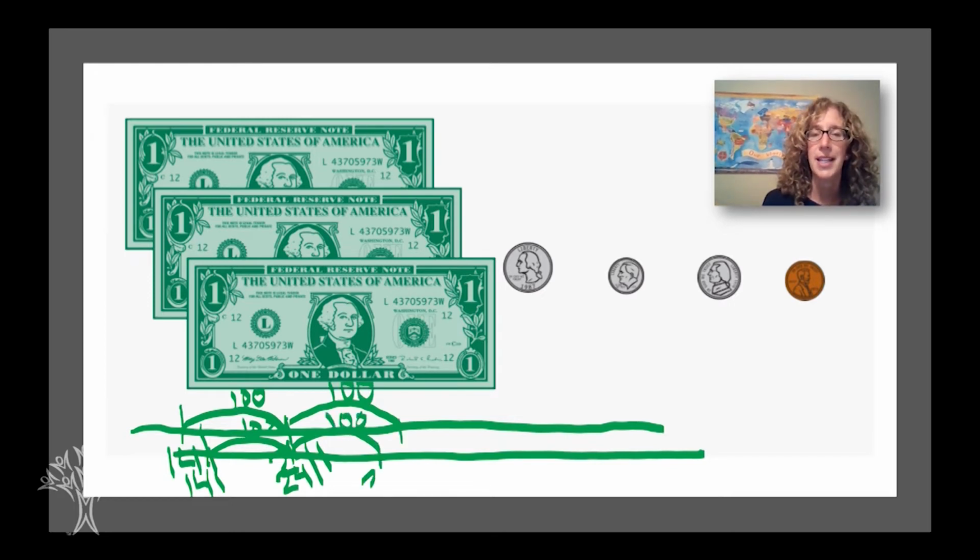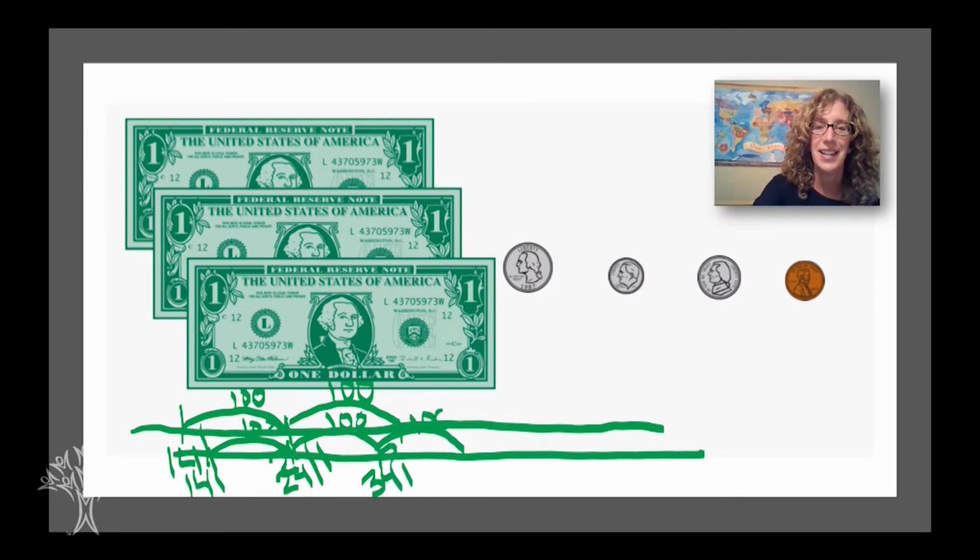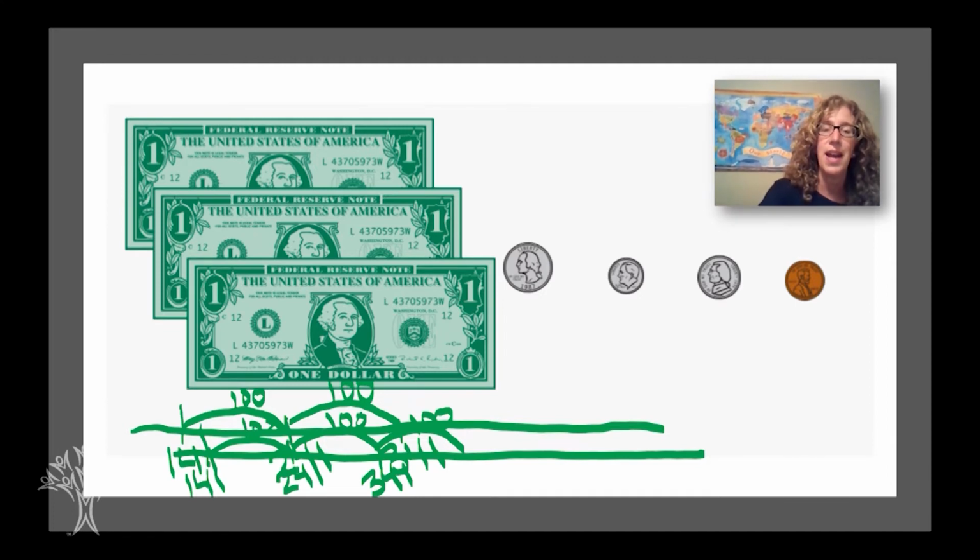What am I going to land on? You go ahead and label your number line. 341. Our coins are worth 41 cents, and we have 3 dollar bills worth 100 cents each. So we're on 341.